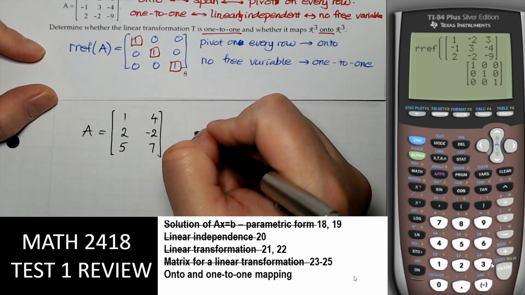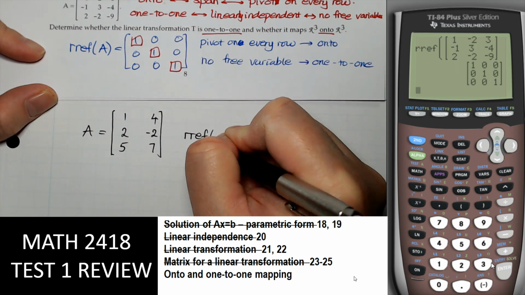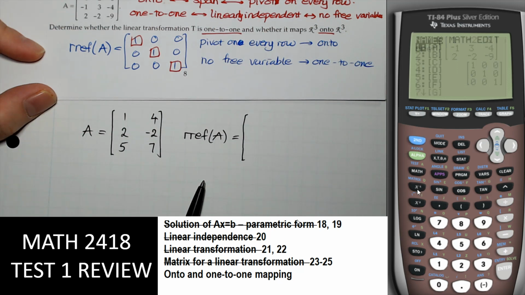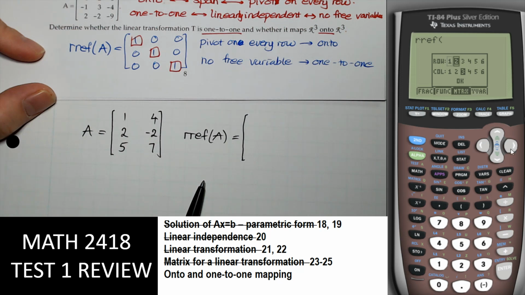Right. So what we need to do is just do the reduced row echelon form of A. This one has 3 rows and 2 columns.